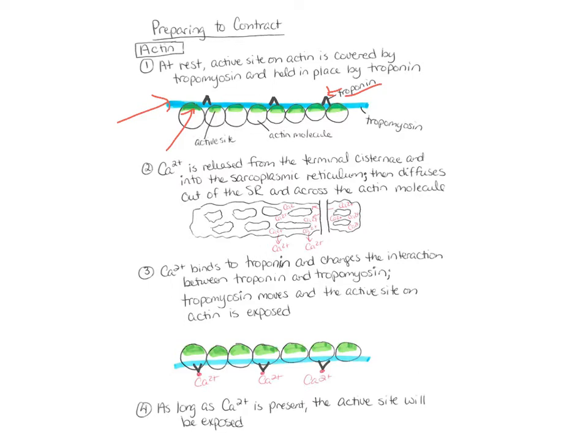So when a contraction starts, it's because calcium has been released from the terminal cisternae into the sarcoplasmic reticulum. The sarcoplasmic reticulum is a lace-type structure. It looks like a lace sleeve, I should say, over the myofilament, meaning over the thin and thick filaments, but it actually is a channel.